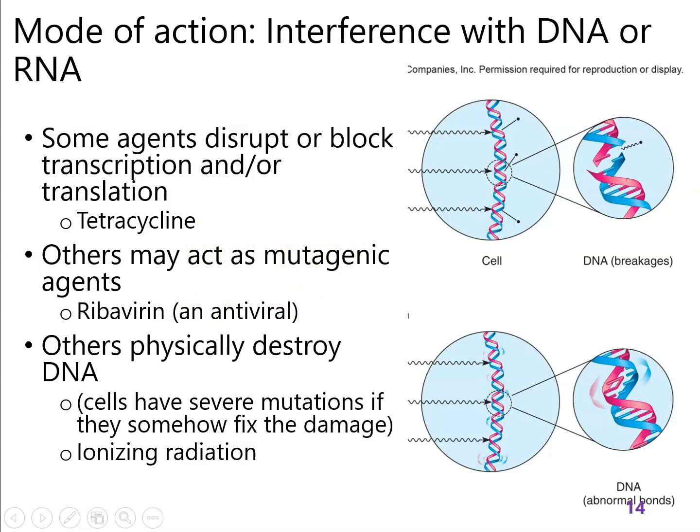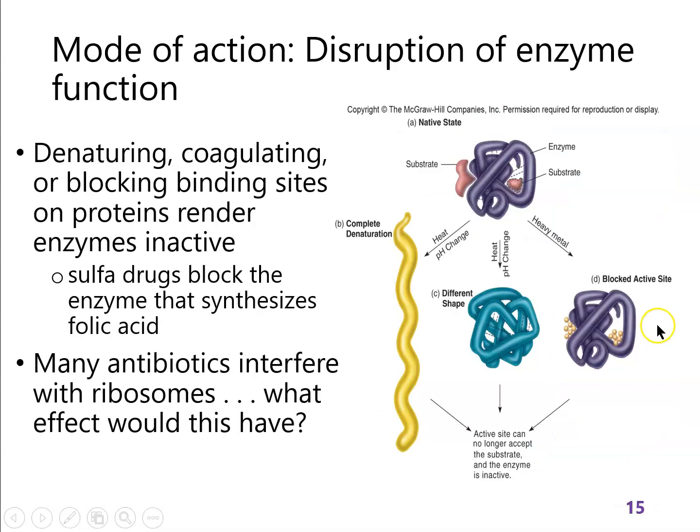But then there are techniques that physically break the DNA, like what ionizing radiation does. If the DNA breaks and the cells have to repair it, they end up getting lots of mutations, and they can usually not survive. So directly attacking the DNA is a great way to kill them.